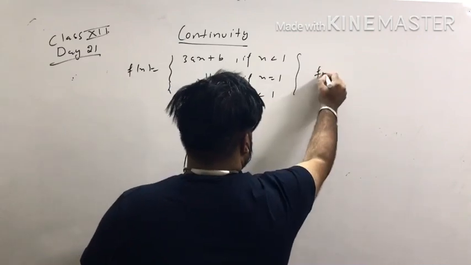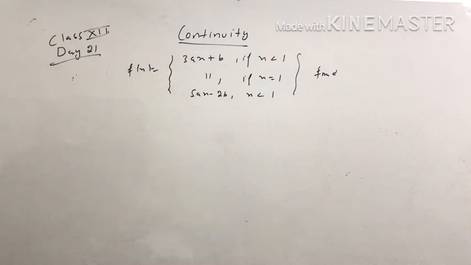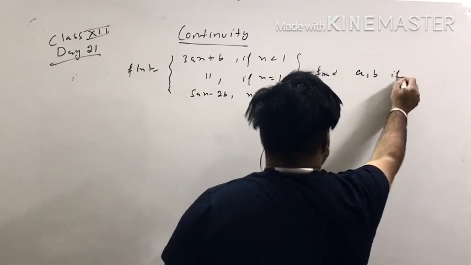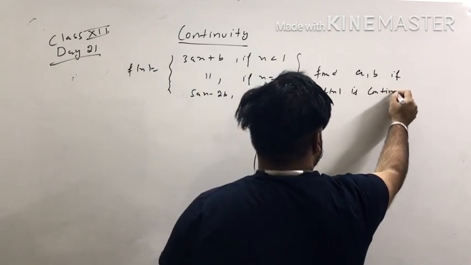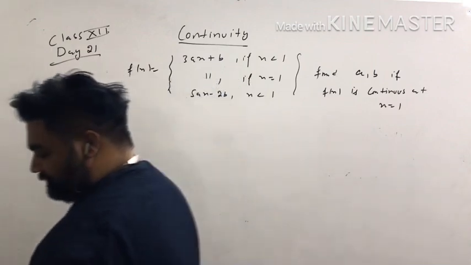Find a and b if f(x) is continuous at x equals 1.